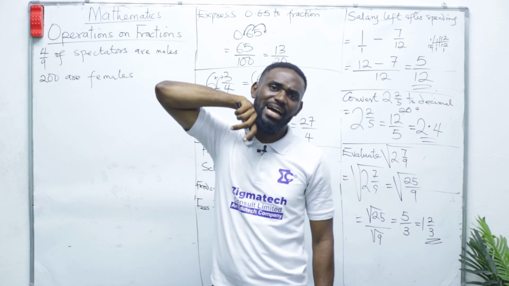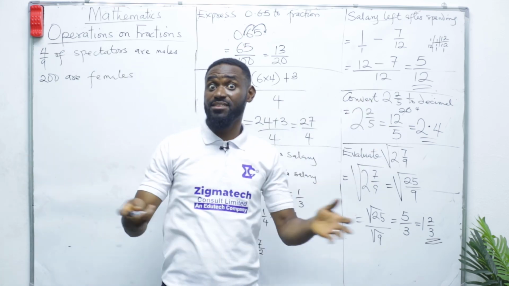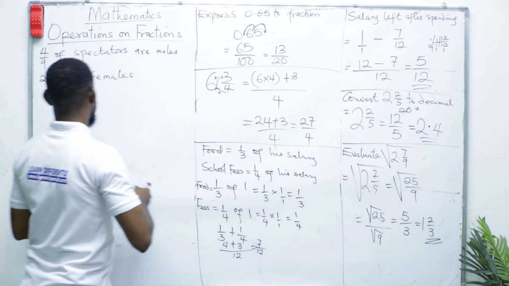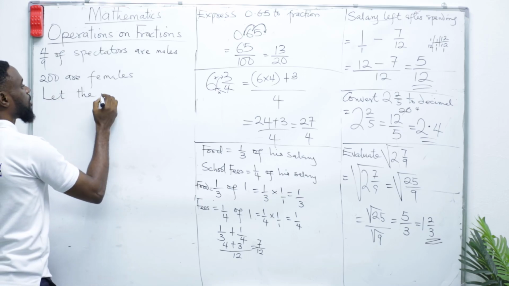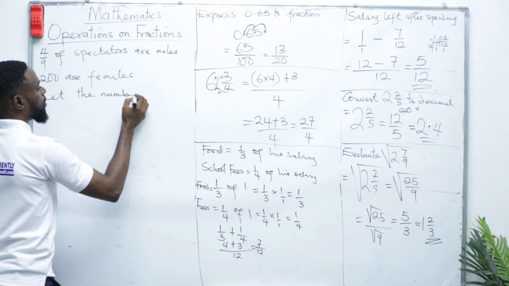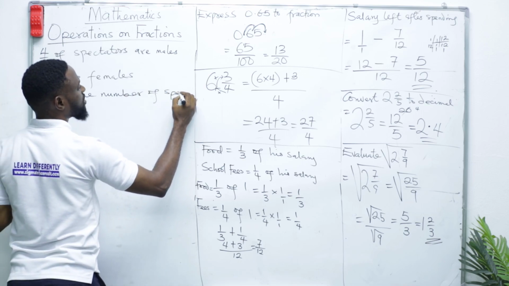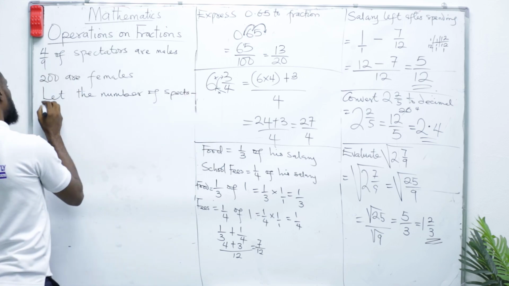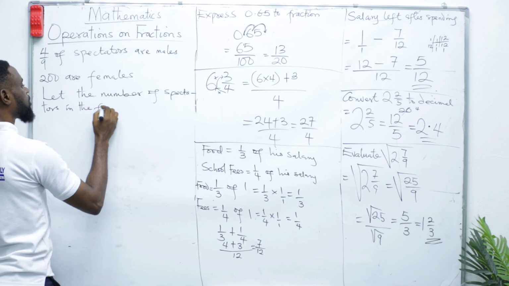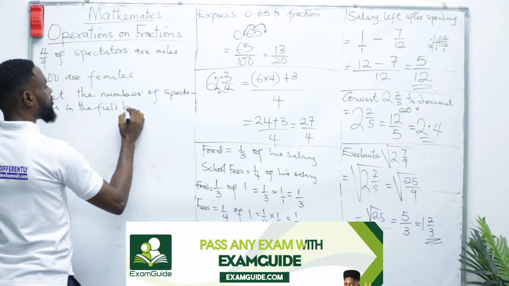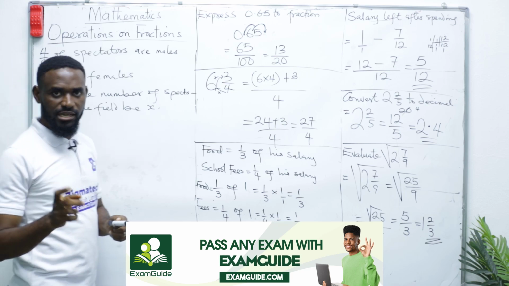So what we can do at this point is to let the number of spectators in the field be anything. Let the number of spectators, both male and female, in the field be X. Do you understand that?